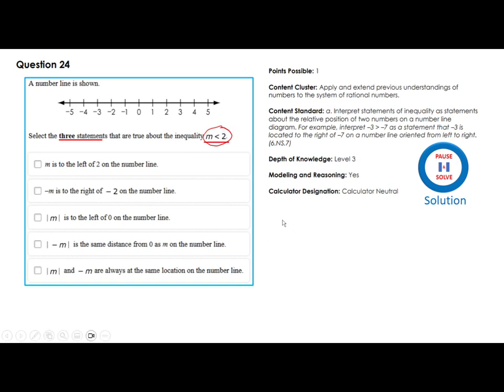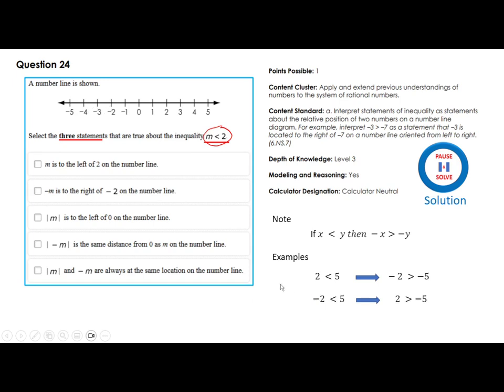Now, just a quick reminder, if you have x less than y and you change the signs of the two numbers, this inequality flips direction, okay? For example, 2 less than 5. Negative 2 is greater than negative 5.